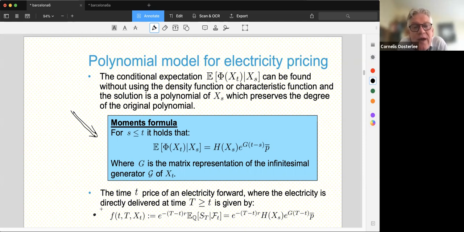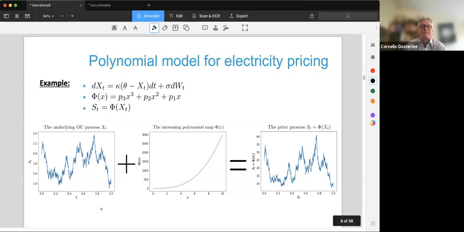We just need to have access to this conditional expectation. So that is one of the reasons why this got adopted already. But as mentioned, in our case, we would like to make use of a characteristic function. And how do we do that?